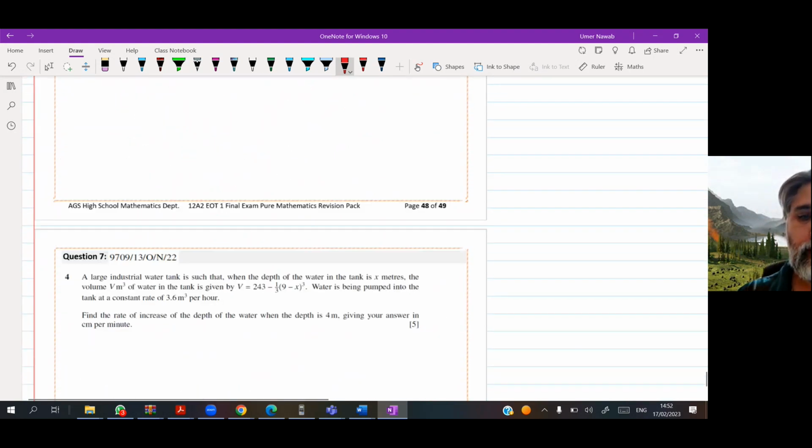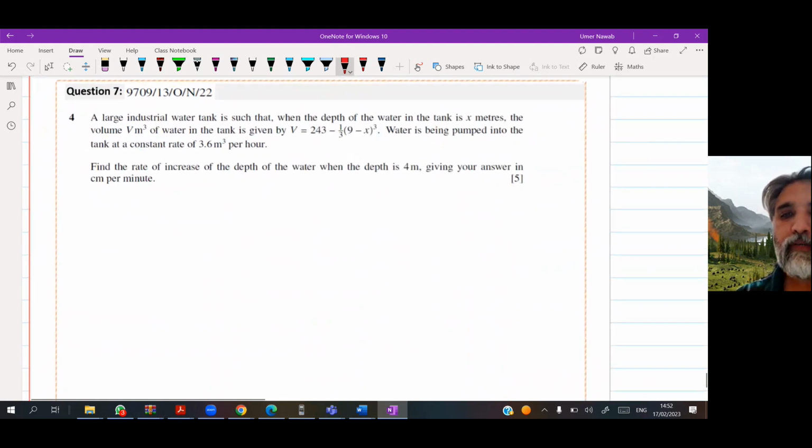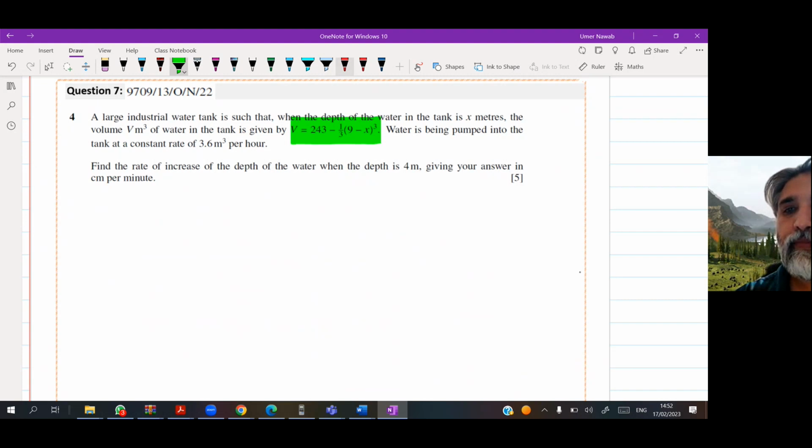Right? Now we got question number 7. He says the volume is equal to 243 minus 1 over 3 times (9 minus x) raised to the power 3.